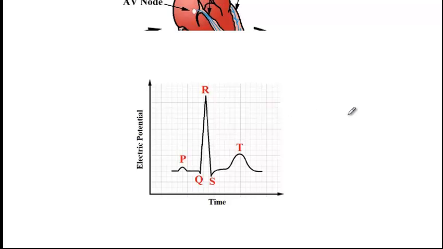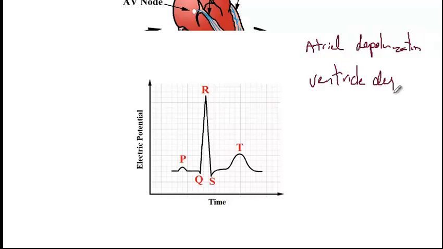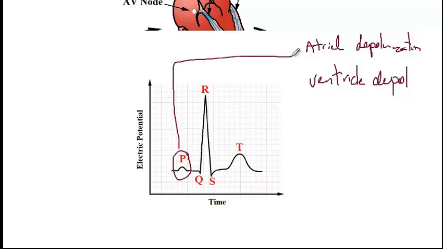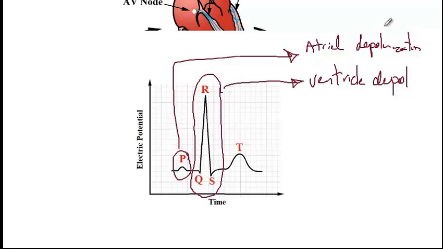You know how we have first atrial depolarization that spreads into the ventricles and causes ventricular depolarization. So this is basically what is shown here. The P wave represents the atrial depolarization, and then the QRS represents the ventricular depolarization.